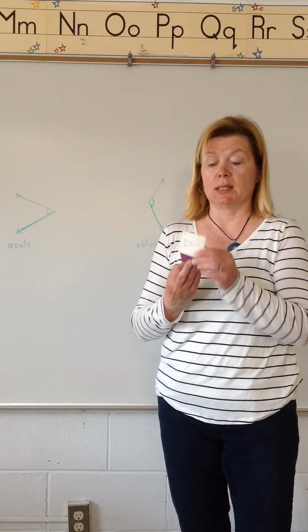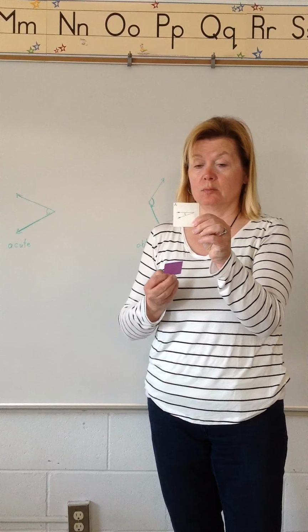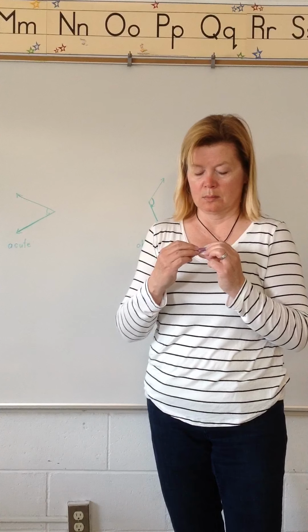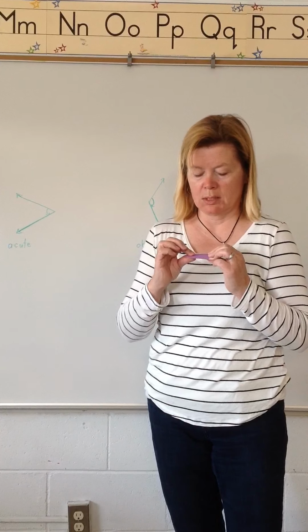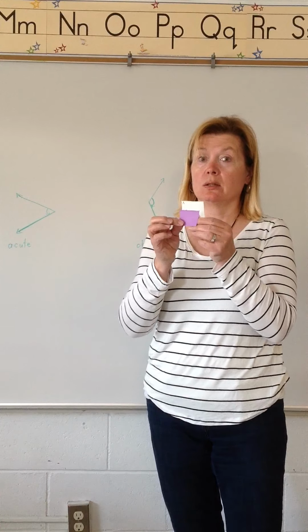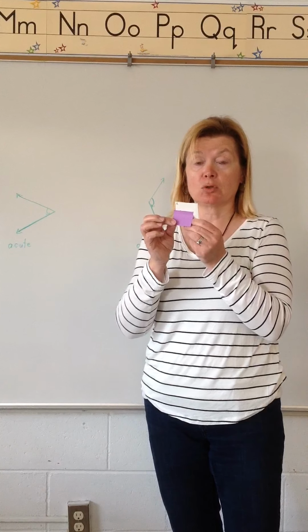Oh, this one you can see that it's much smaller than a right angle. But I'll put the paper on the line anyway. Whoop, you can't even see what's going on. It's hidden. So you know that A goes in the acute column. Get the rest of them sorted, please.